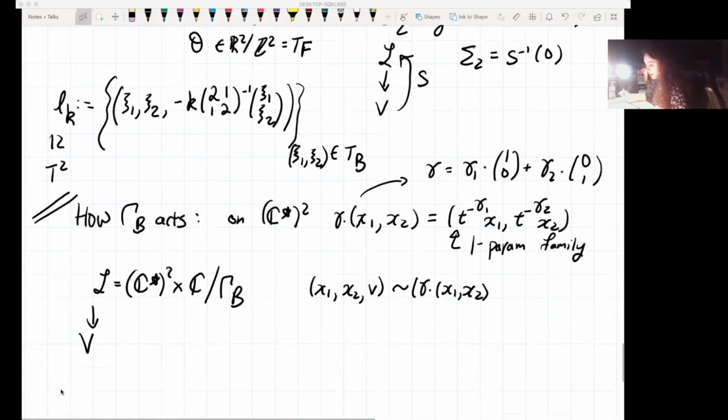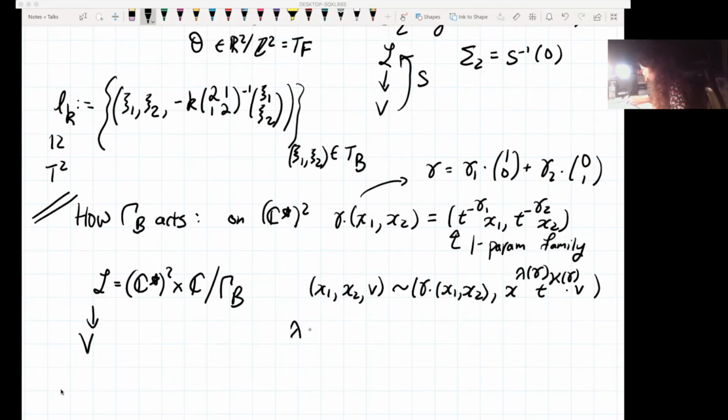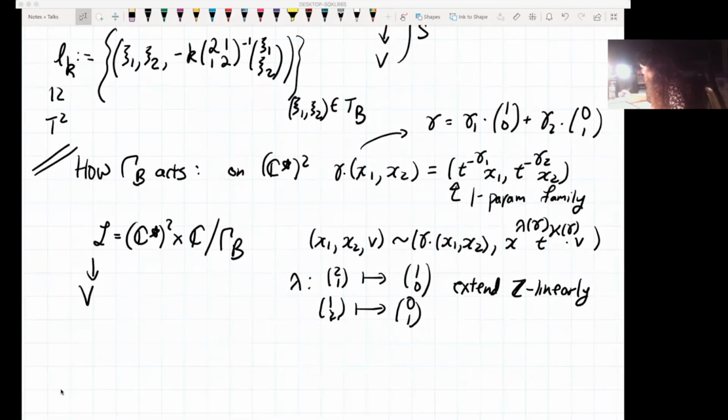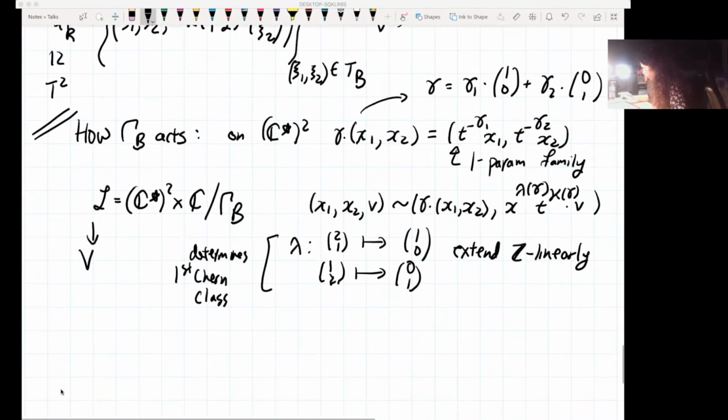gamma B action on the base, and in the fiber following, and it multiplies lambda sends 1, 0 and 1, 2, and then it's of form.